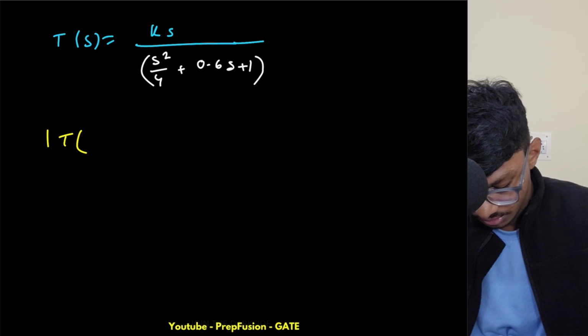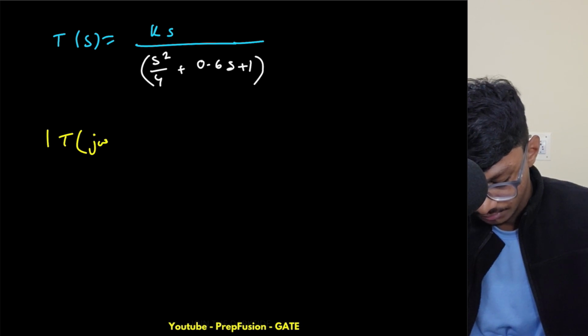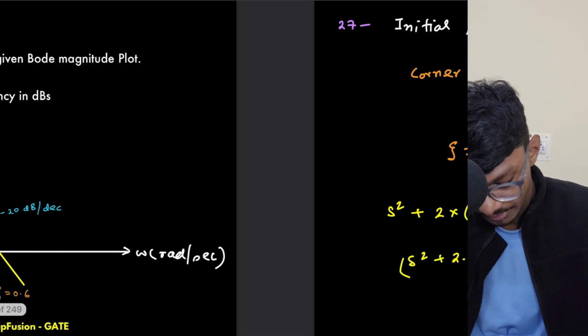Simply, the magnitude of G(j omega) at omega equals 0.1 is minus 20 dB.